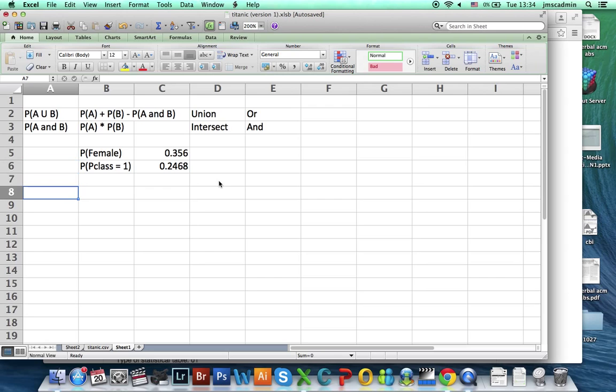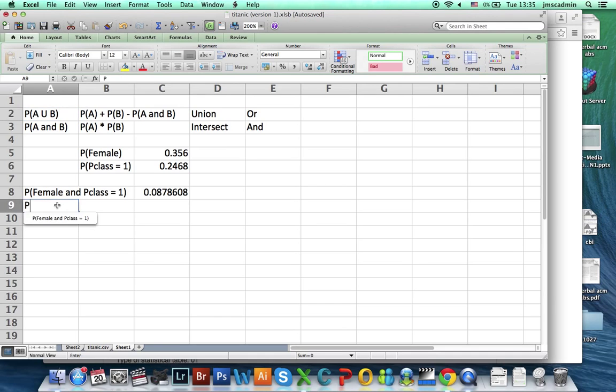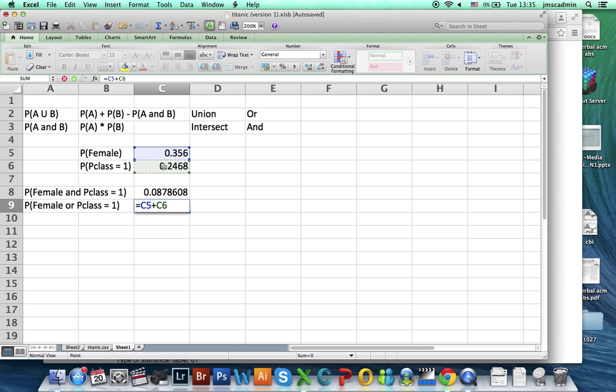So the probability of female and pclass equal to 1 is equal to this one times this one, and then we can calculate the union, which is equal to this one plus this one minus this one.